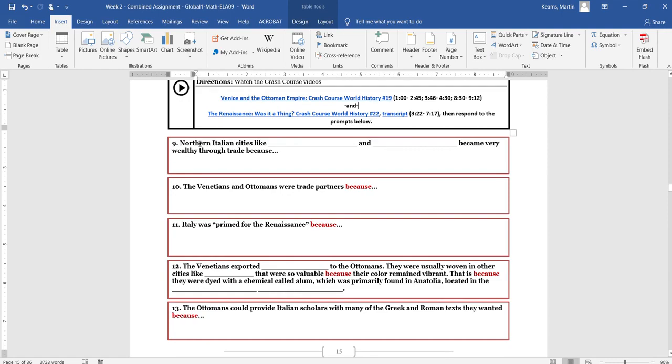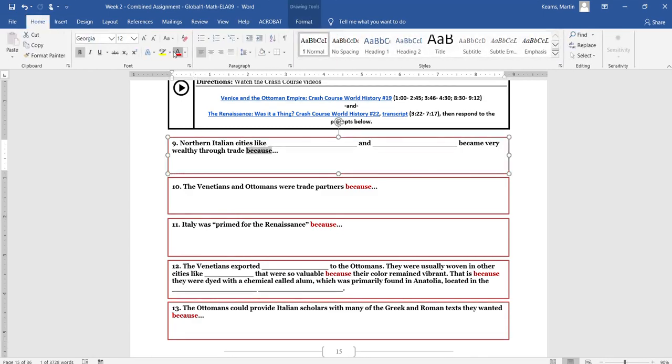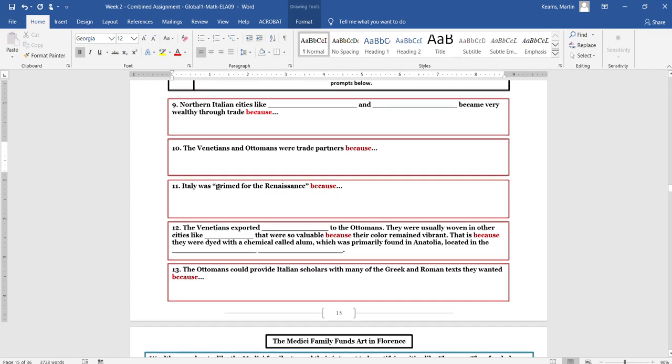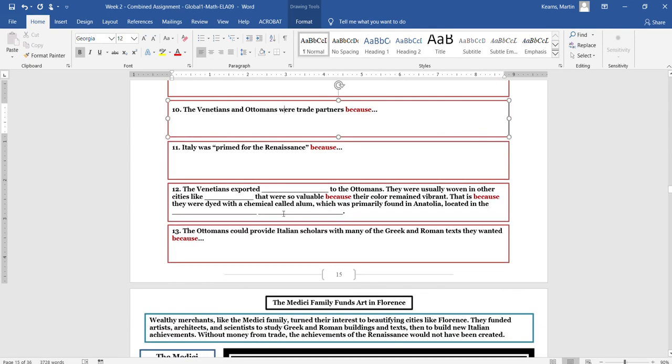Question 9, northern Italian cities like blank and blank became very wealthy through trade because. We have to make this red. There it is. The Venetians and Ottomans were trade partners because. Italy was primed for the Renaissance because. Okay. 12. The Venetians exported blank to the Ottomans. They were usually woven in other cities like blank that were so valuable because their color remained vibrant.